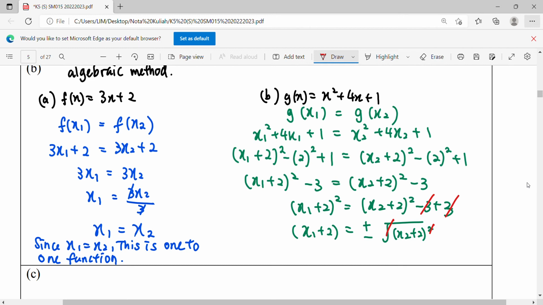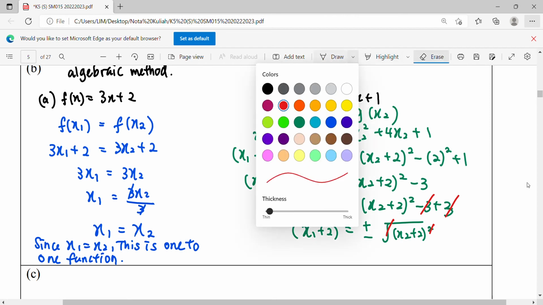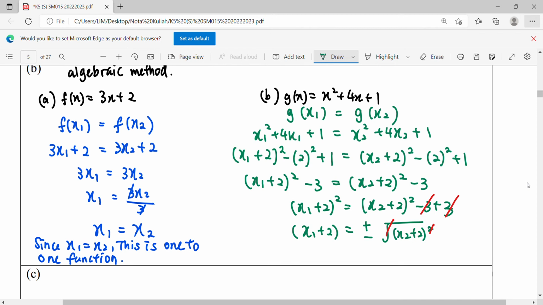One is x1 plus 2 equals to x2 plus 2. Another answer is x1 plus 2 equals to negative x2 minus 2. Right? Negative, negative. So what's your x1?